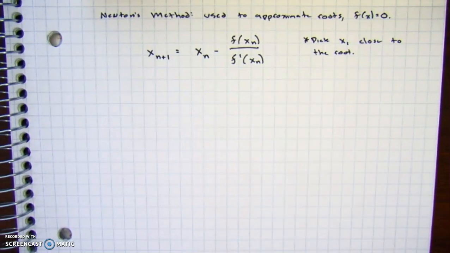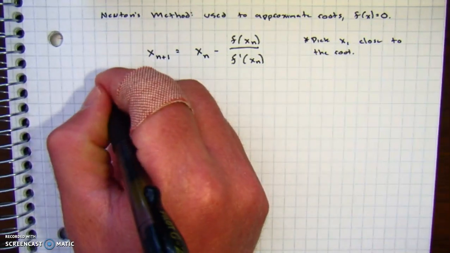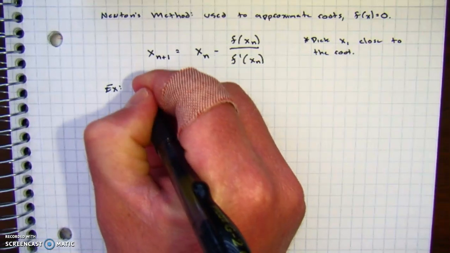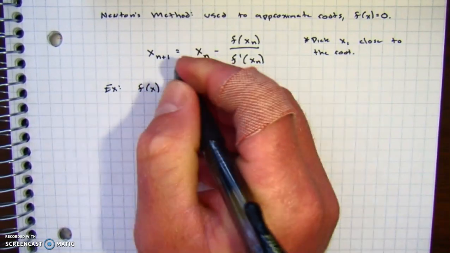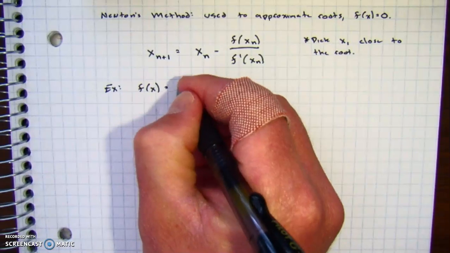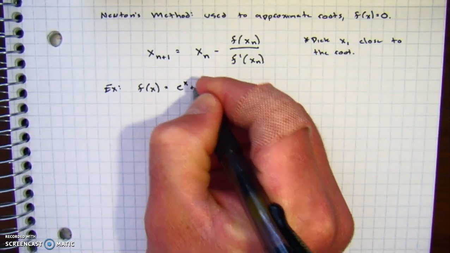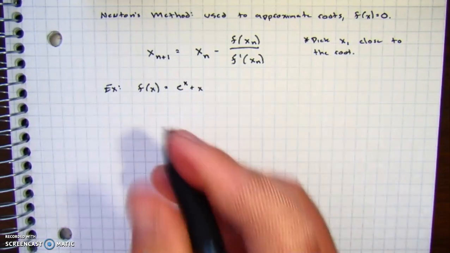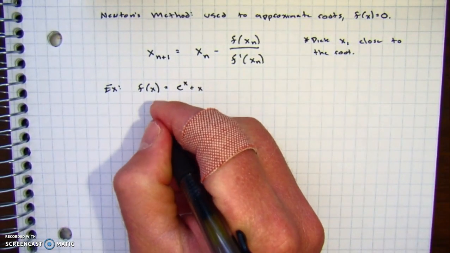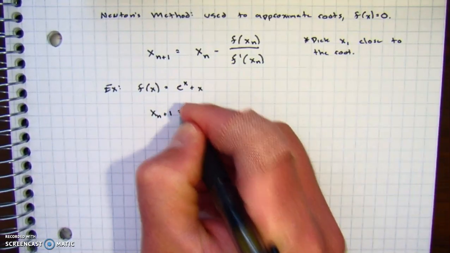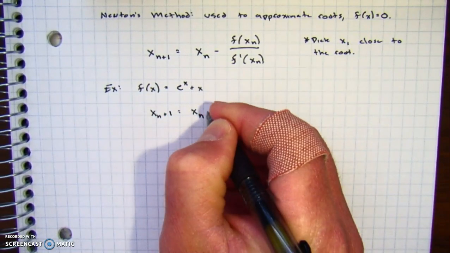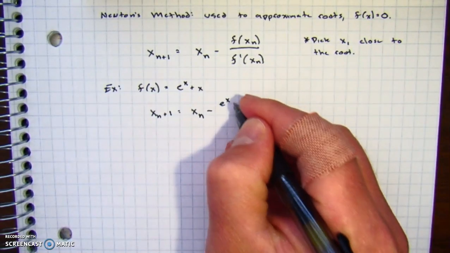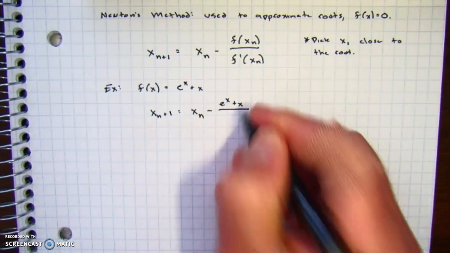So let's take a look at an example. Let's say we have f of x equals e to the x plus x. Using Newton's method, I can say that x_{n+1} equals x_n minus the function, e to the x plus x, divided by the derivative.